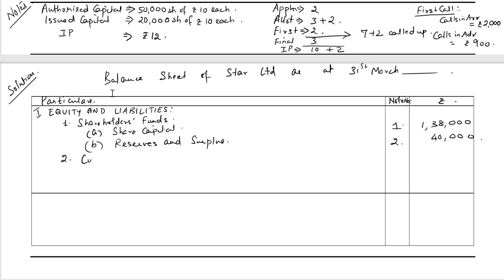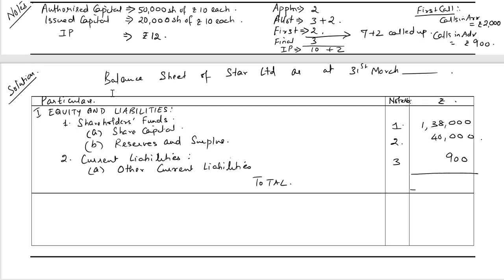The second, current liabilities. Under that, A is other current liabilities. Against note 3, we will write the amount of calls in advance, which is 900 rupees, and the total of the equity and liability part of the balance sheet, 1,78,900 rupees.